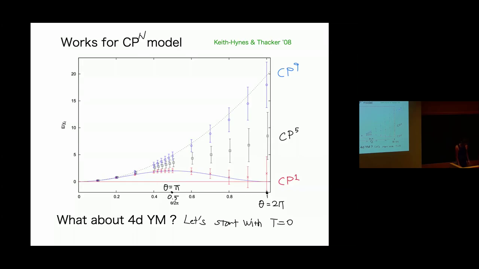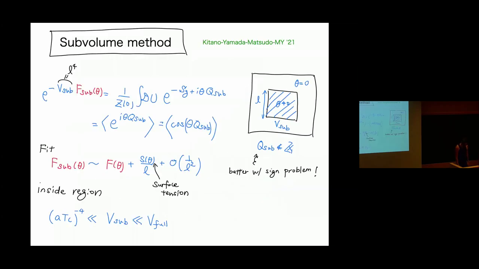Now the discussion is very similar, because there was a question about tension, etc. I already said that in words, but this is more in the equations. I take a small subregion where only in that region I have theta equal 2 pi. There is a size of the subspace L. I compute the free energy, and then extract the dependence on L. I want to take L to be large.